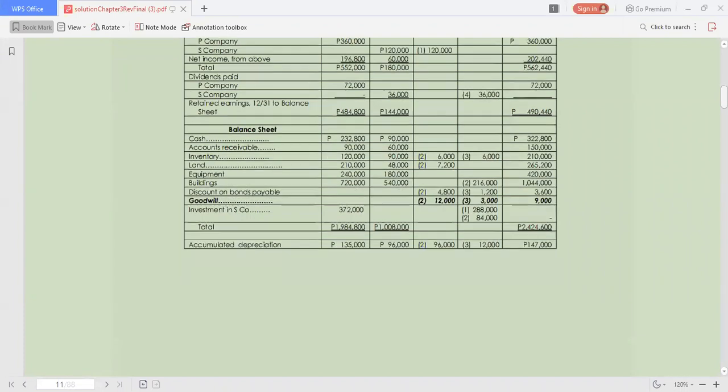Now you will notice that the numberings that we have in the debits and credits are only followed, or we are just following the numberings in requirement number 5, where we have the adjustments and elimination entries.